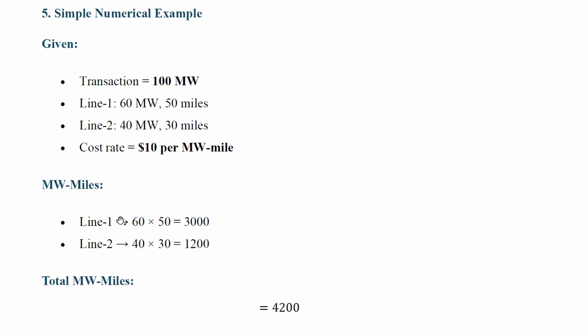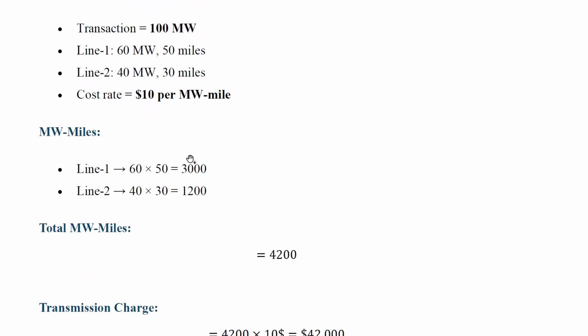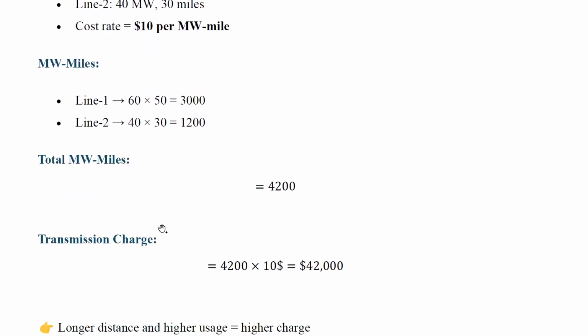For line 1, 60 times 50 is 3000 megawatt miles. For line 2, 40 times 30 is 1200 megawatt miles. So the total is 4200 megawatt miles.